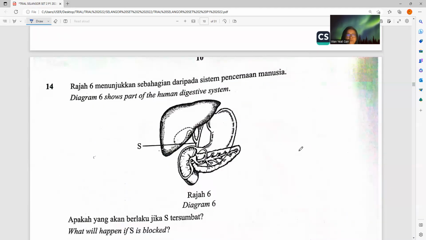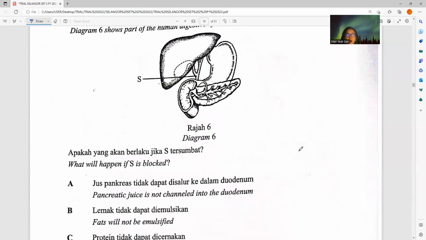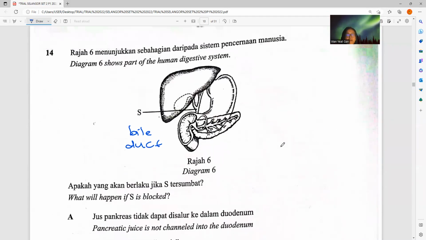Question 14. Diagram 6 shows part of the human digestive system. What will happen if S is blocked? So S is the bile duct. So when the bile duct is blocked, then bile that is stored in the gallbladder cannot flow down into the duodenum.